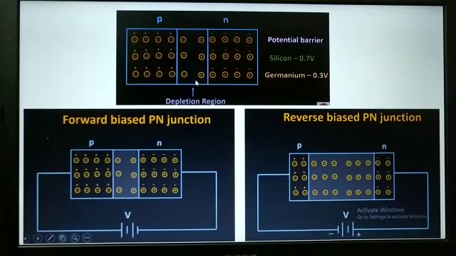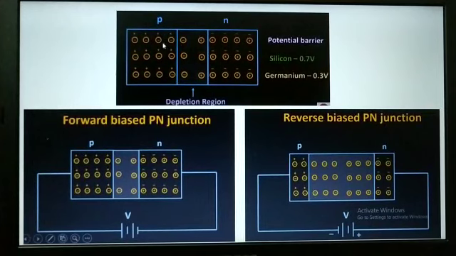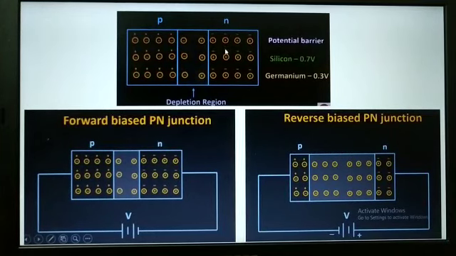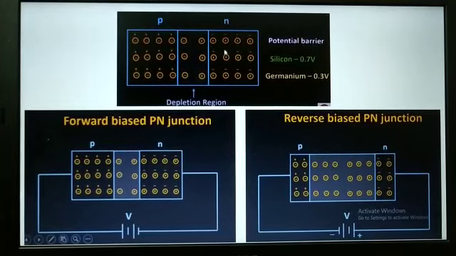As I have told already, but we'll repeat it again. When p-type holes try to pass the junction and go towards n-type electrons, the positive goes towards the negative, and the same way n-type has majority carriers as electrons, and these electrons will try to go to p-type holes.